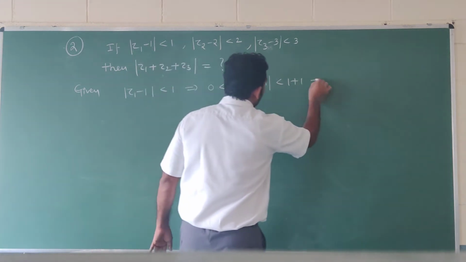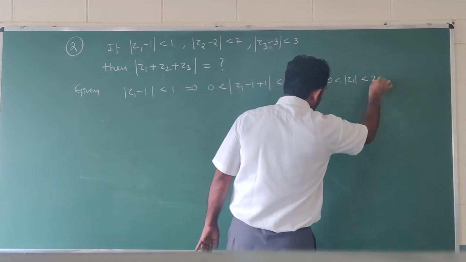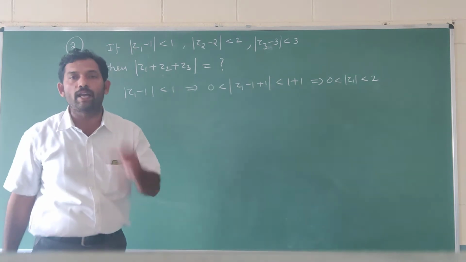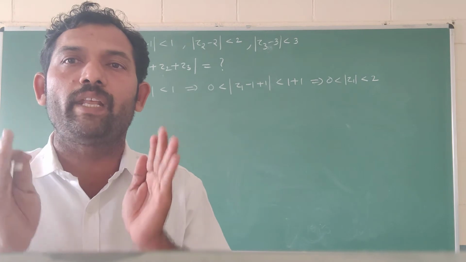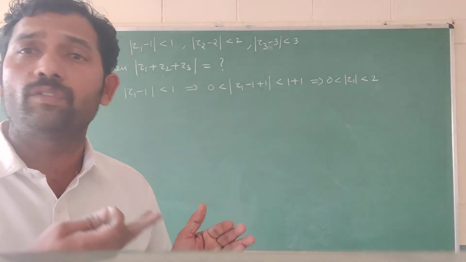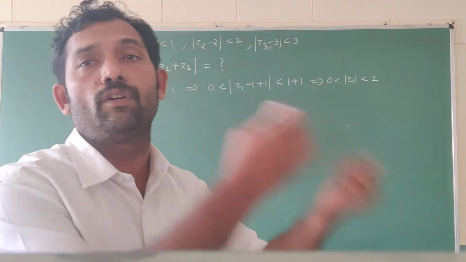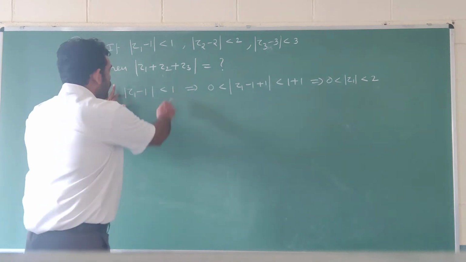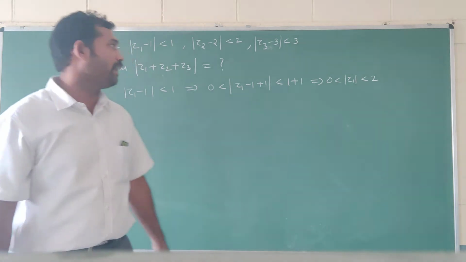So 0 less than modulus of z1 less than 2. Why are we taking 0? Generally the modulus of z is a positive value, and positive values start from 0. That's why the value should be in between 0 and 2.